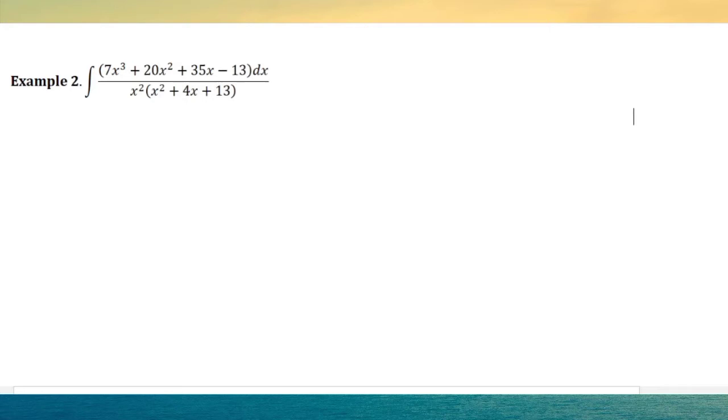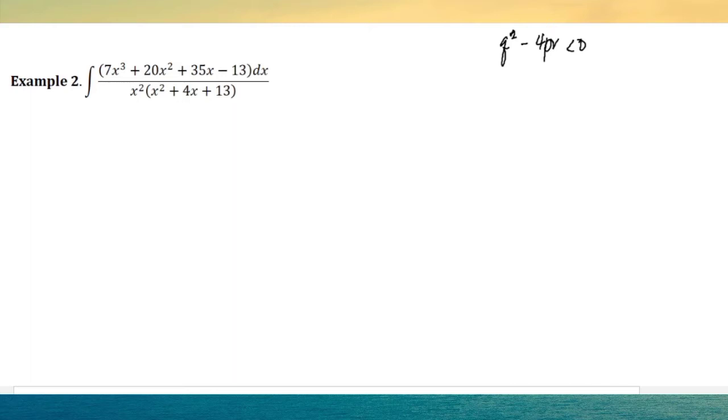Problem number 2, we have here the integral of 7x cubed plus 20x squared plus 35x minus 13 dx over x squared times x squared plus 4x plus 13. We have to check whether q squared minus 4pr is less than 0 before we apply partial fractions.